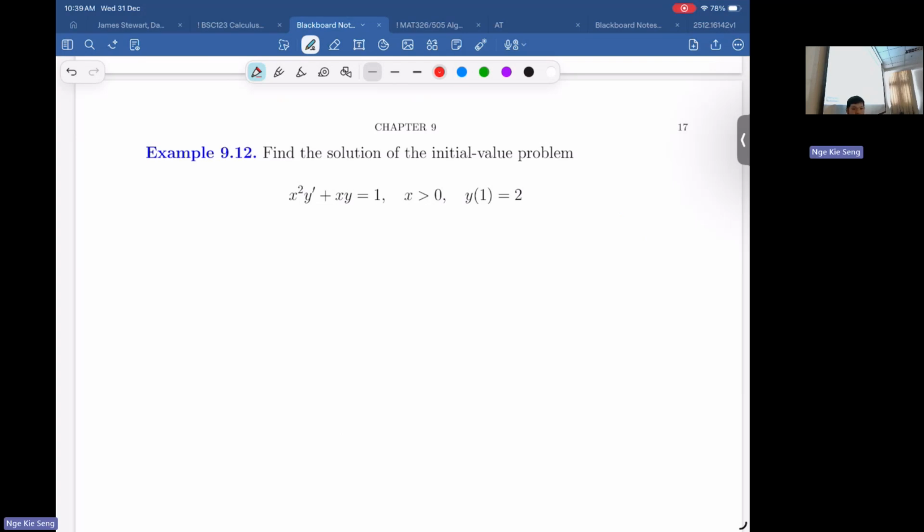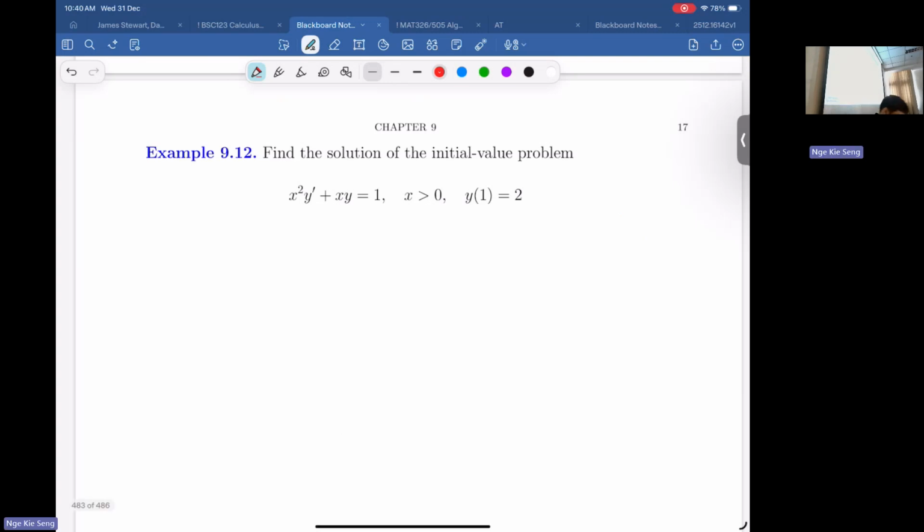Yeah, what do you get? ln x over x. Okay, I don't think it is so complicated. Have you written it in your P(x) form, Q(x) form?